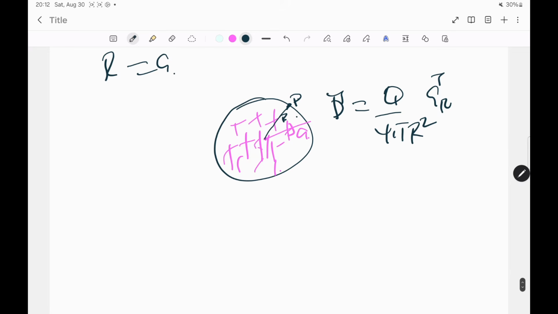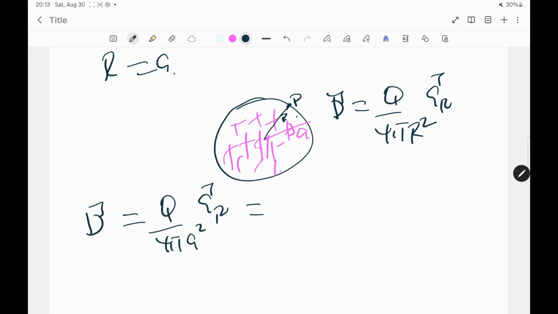Everything will be the same. But know this, because R is equal to A, I can write the same electric flux density to be equal to charge over 4 pi, and instead of R, I can write A square aR.